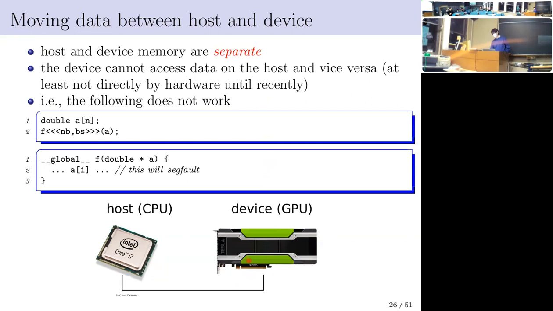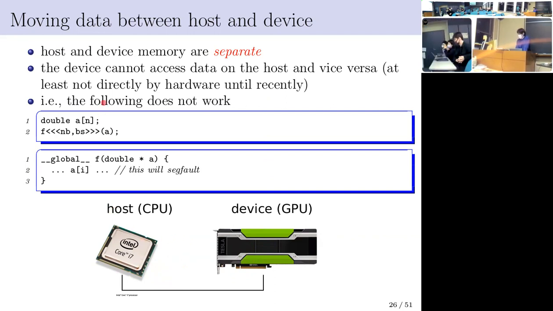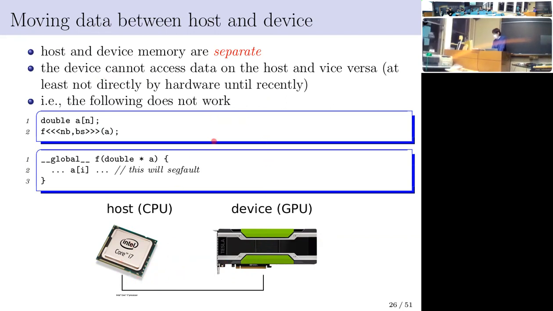You just imagine there's some memory around here and another memory just next to the CPU. The device cannot access data on the host and vice versa. So the CPU cannot directly access data on the GPU memory, at least not directly.